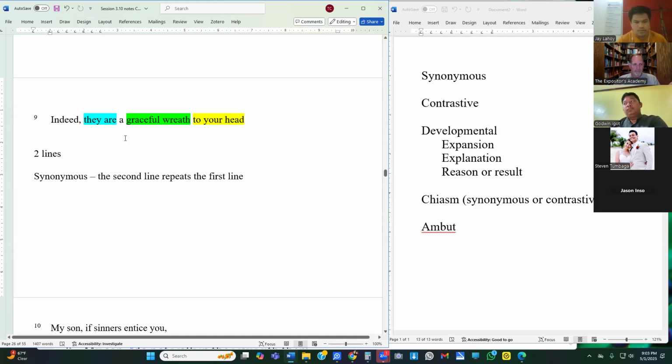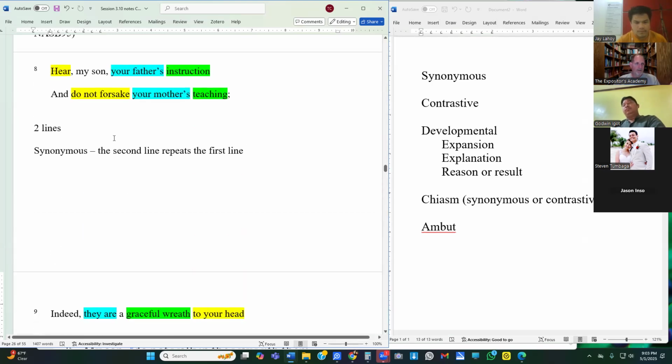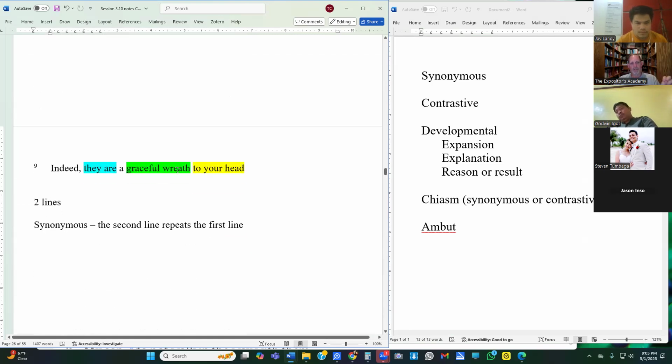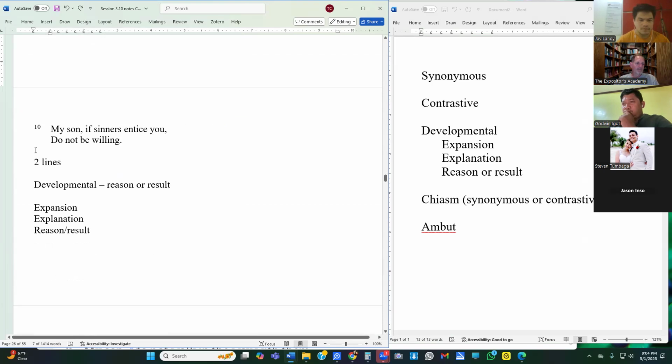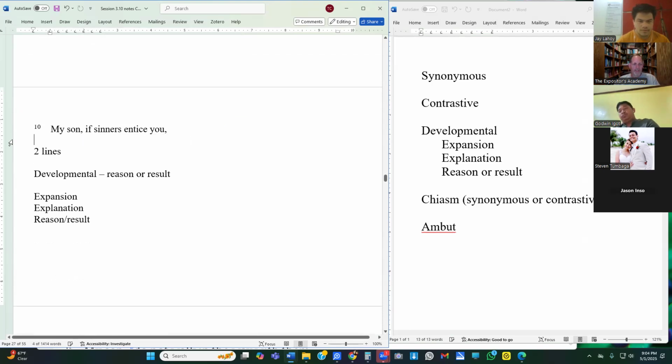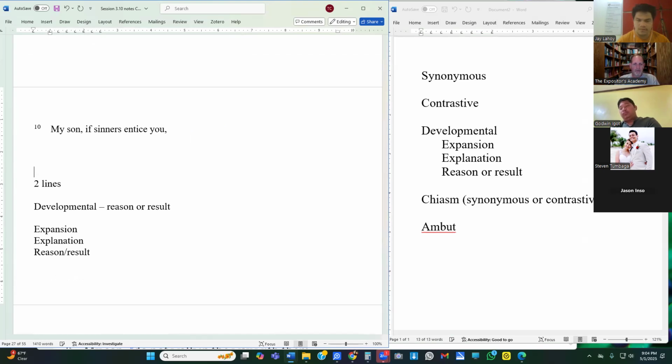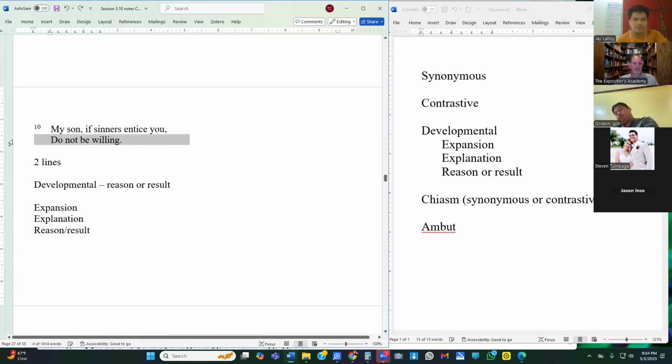Your father's instruction are a graceful wreath to your head. The second line's only saying essentially the same thing. But in verse 10, if you take out the second line, it's incomplete. So there is a connection. It is developmental. It seems like perhaps it's really expanding.